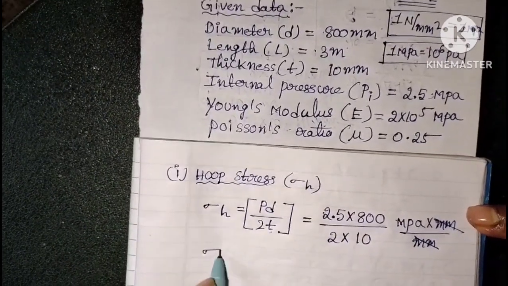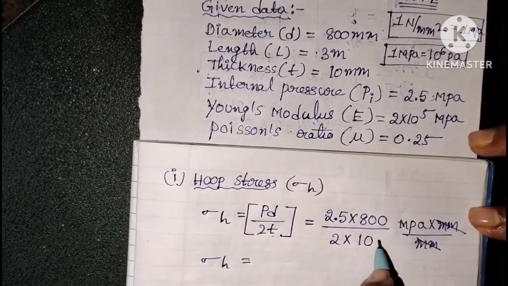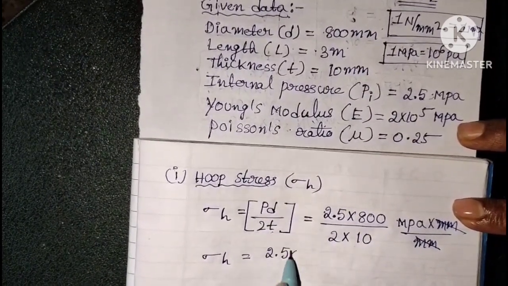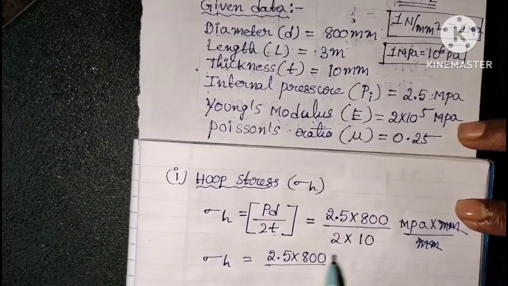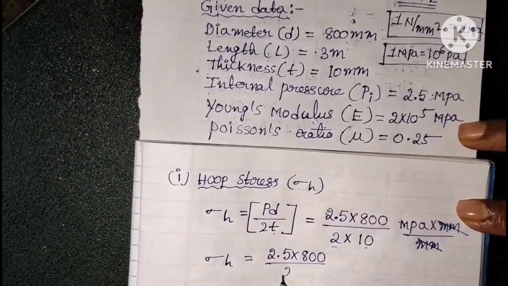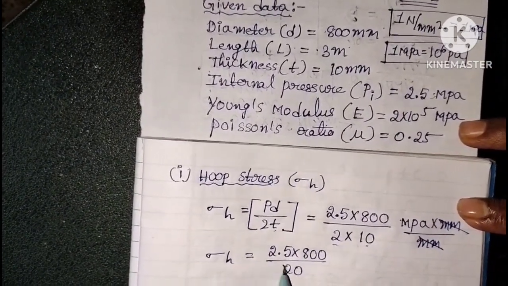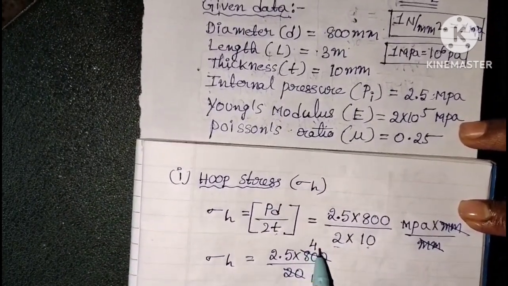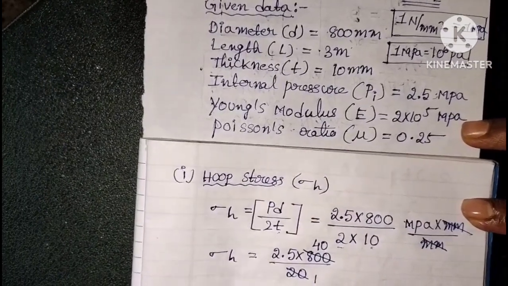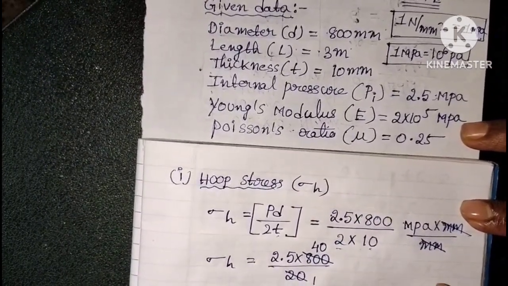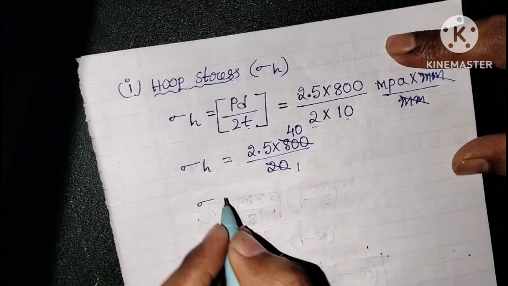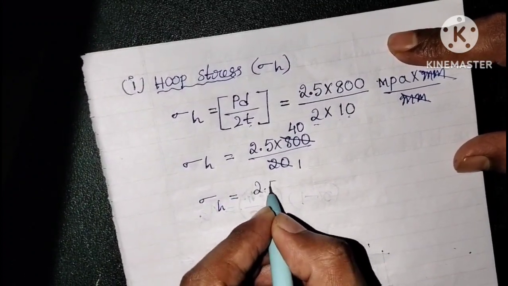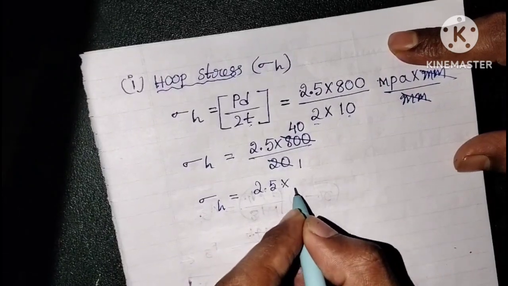So sigma h is equal to 2.5 into 800 by 2 into 10, that is 20. 800 by 20 is 40. So sigma h is equal to 2.5 into 40.